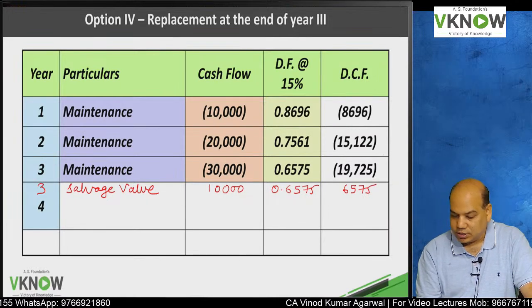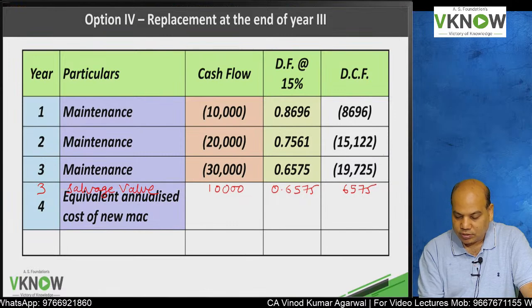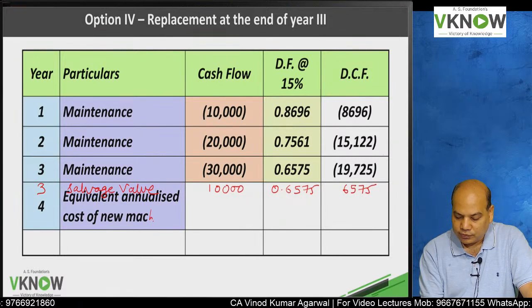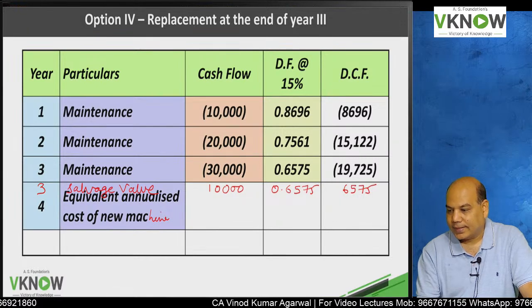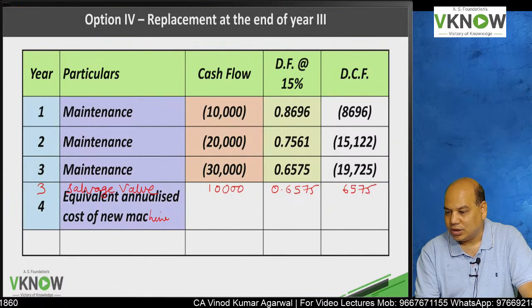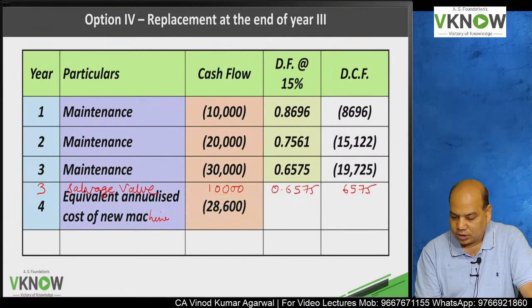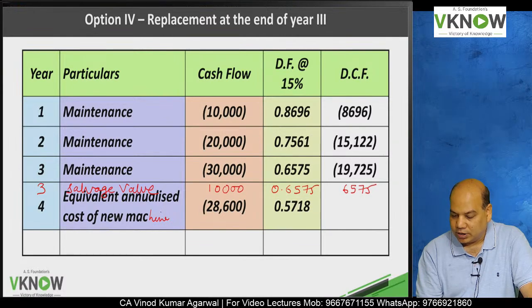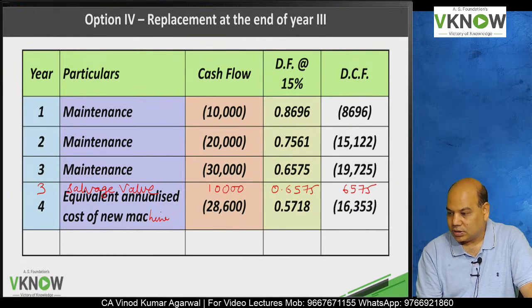Okay, and then in the fourth year, equivalent annualized cost of the new machine, EAC of the new machine, that is 28,600. Factor of the fourth year 0.5718, 16353 present value.